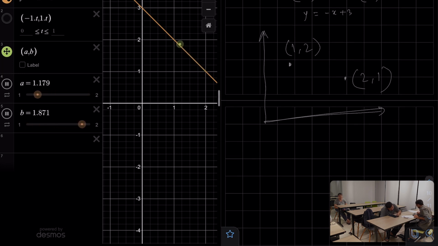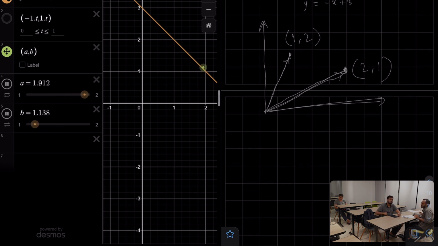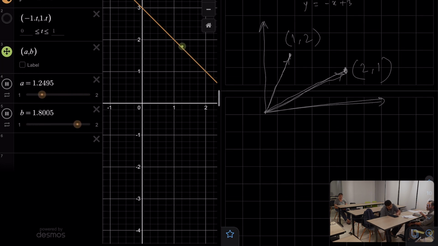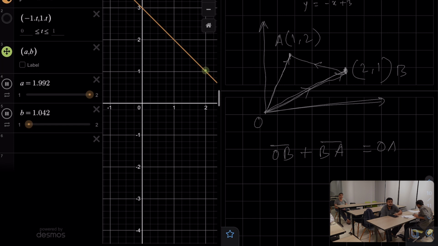Okay, so what I can do is, this is the definition of something like a radial vector in physics, right? So now just O A B. Then what will be BA? We know that if we add OB plus BA, this will be equal to OA, right?